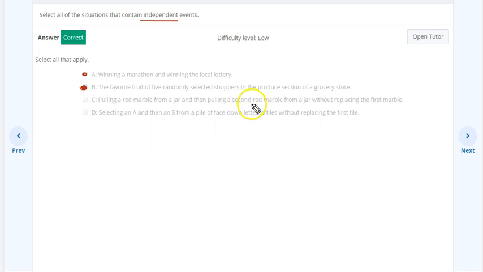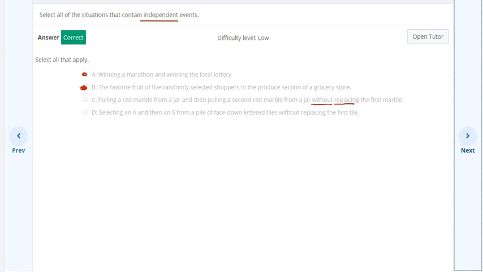And then pulling a second red marble from a jar, and here's the key word, without replacement here. Now, without replacement makes that a different environment. So, in a sense, they're related because you've taken out one, you've changed the environment by taking that one out. Now, if you were to replace it, then they would be independent events.